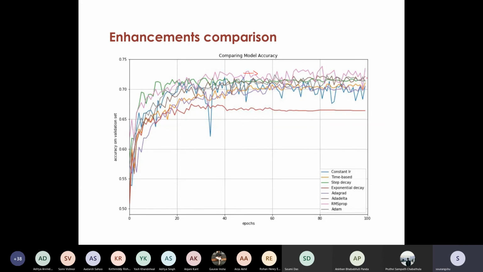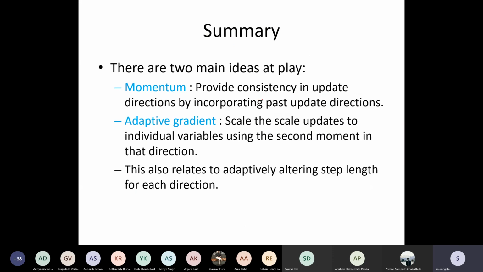In this particular case it feels as though RMSProp is performing better, but Adam is not far behind. This gray line is Adam, and you can see that it is also performing very good. The x-axis is the number of epochs and the y-axis is the accuracy.